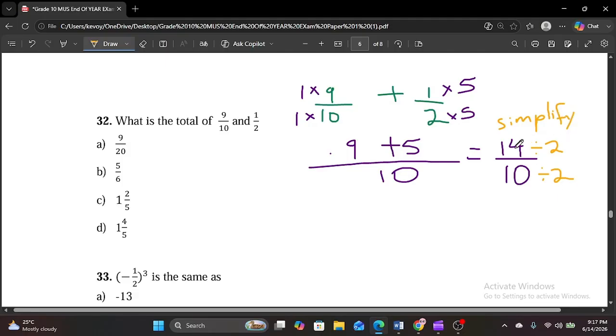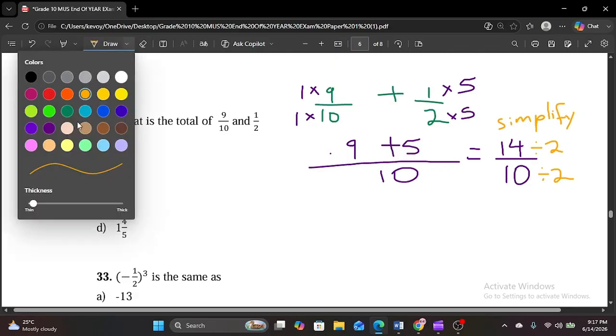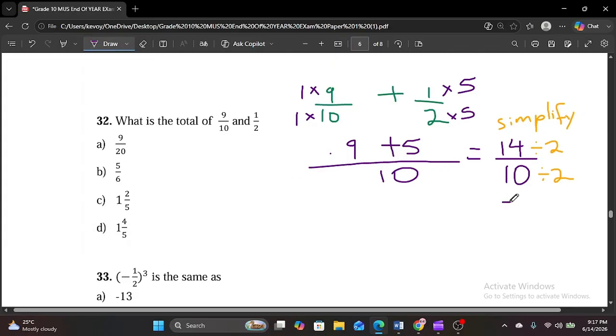So we divide both numbers at the top and bottom by 2. So you're going to be left with 7 over 5. And 7 over 5, we're going to write as a mixed fraction.